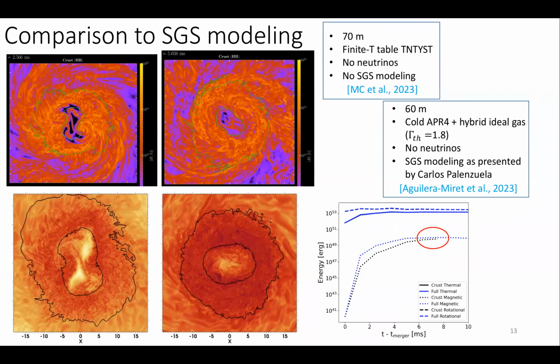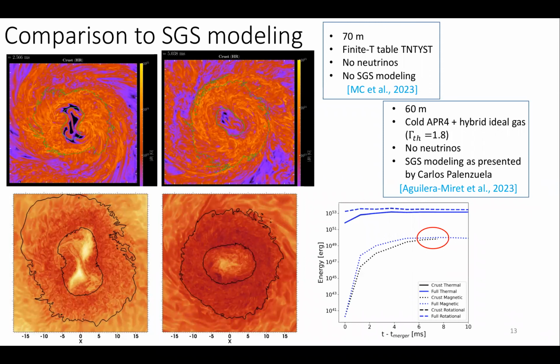So the main difference can be seen, for instance, on the lower right panel in the energies, where the dotted lines show the magnetic energy, the blue line is the full configuration, and the black line is the crust configuration. And at some point, roughly here at 7 milliseconds, the crust configuration catches up with the full configuration.